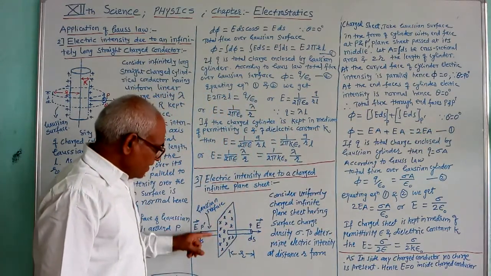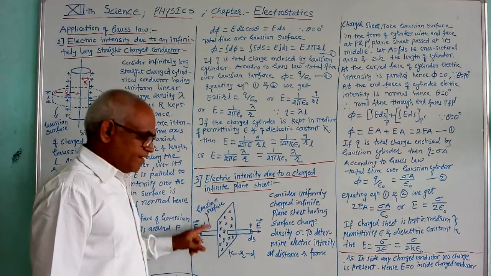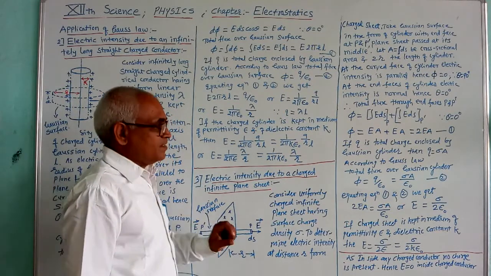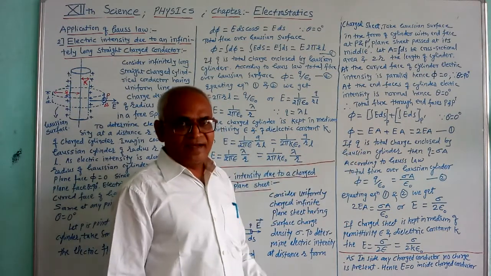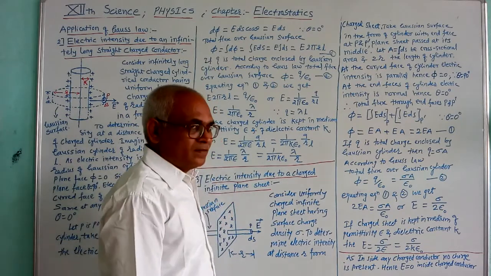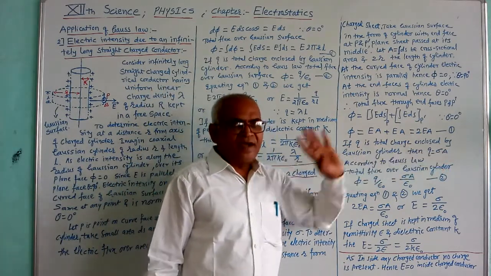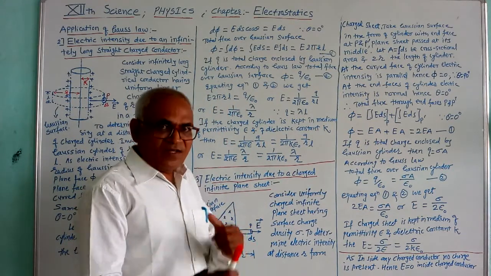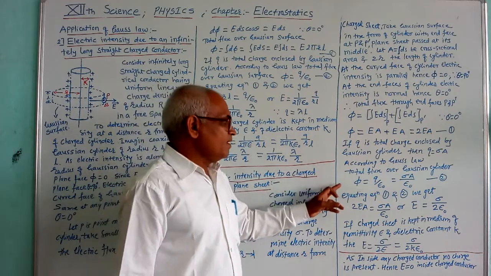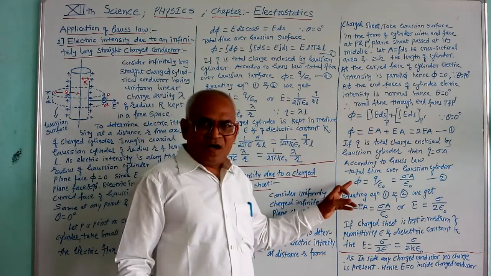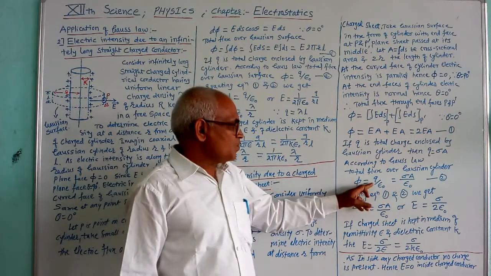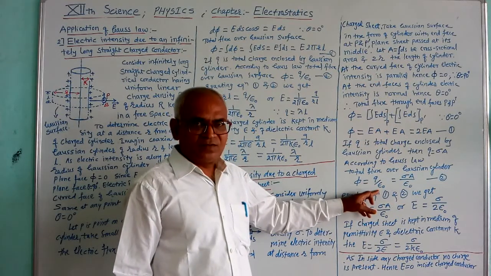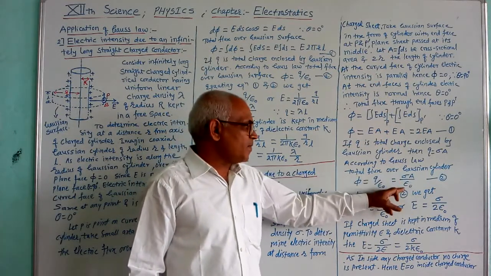Now, out of the total charge over this infinite plane sheet, if Q is the magnitude of charge enclosed by this Gaussian cylinder, then Q is equal to sigma into A. Hence, according to Gauss law, the total flux over the end faces of this Gaussian cylinder, phi, is equal to total charge Q upon epsilon 0, or sigma into A upon epsilon 0.